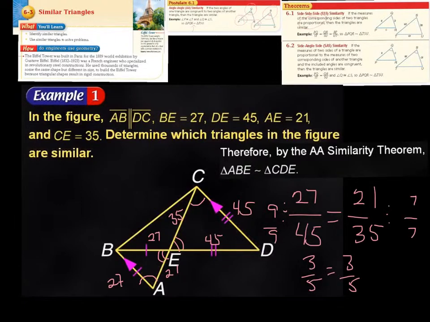So since all three sides are similar, since it's isosceles, I only had to do that once, I could say those triangles are similar by the side-side-side similarity theorem as well.